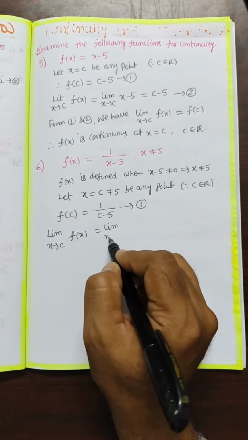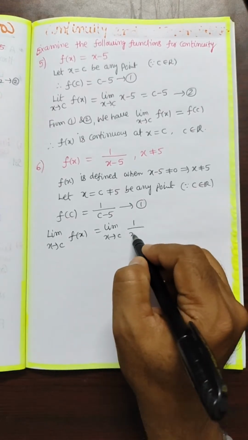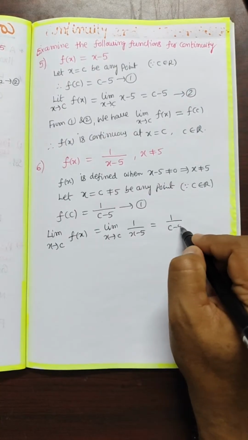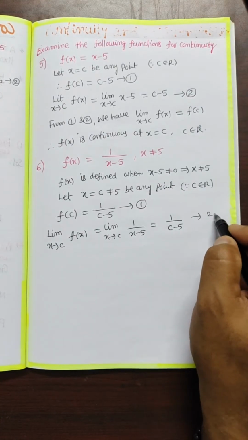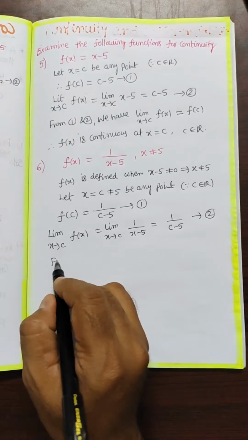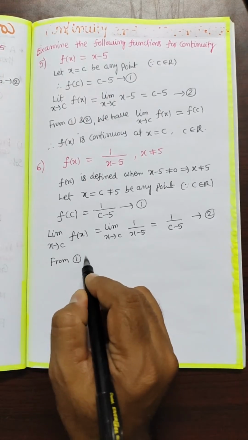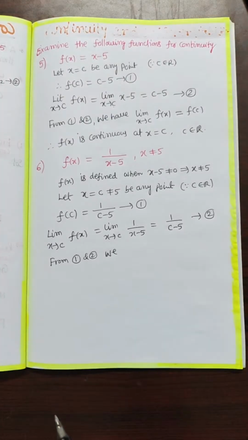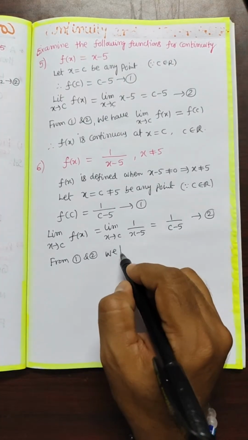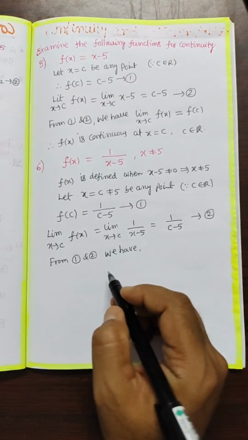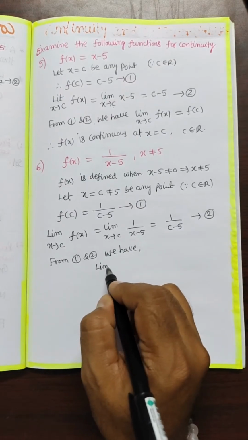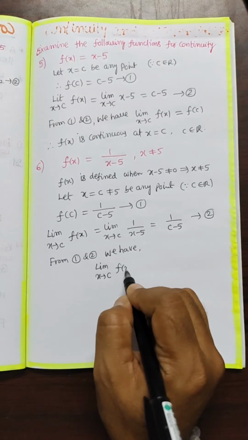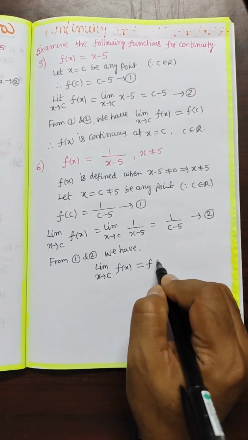Limit x tends to c, f of x means 1 by x minus 5. X is equal to c, substitute: 1 by c minus 5, equation number 2. From 1 and 2, we have limit x tends to c f of x is equal to f of c.